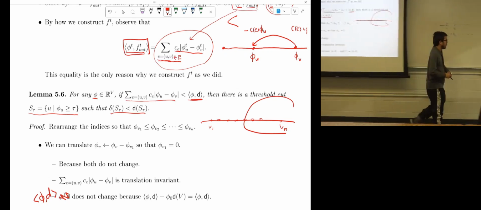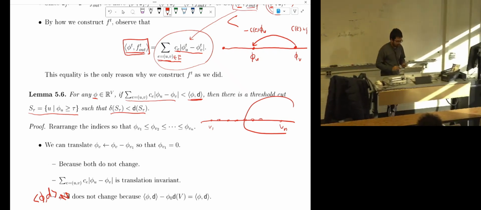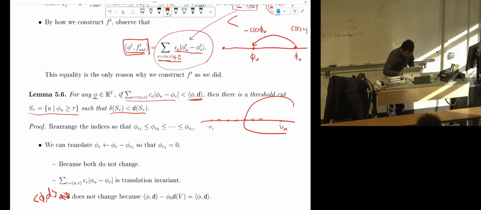Because you get phi shifted by the all-ones vector times phi V1, multiplied by D. And this is just phi inner product with D minus phi V1 times the inner product of the all-ones vector with D.